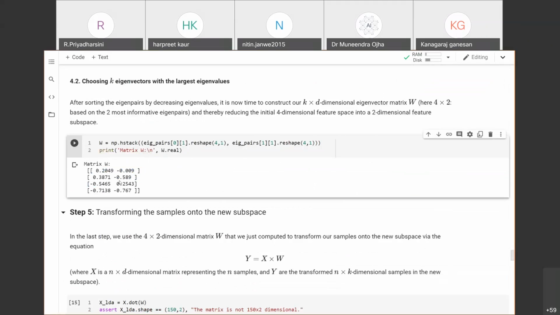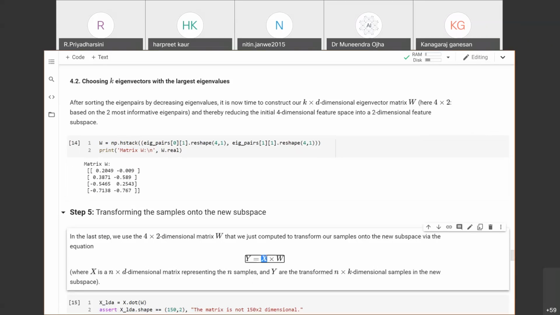Once we have matrix W, we have a new coordinate system, a new axis system, new directions. All I need to do now is to project my original data matrix onto the new two-dimensional space W. As I told you before, for that we need to multiply our original data matrix with the new matrix W, and with this we get a projection of our original data onto the new lower dimensional space, called the Y matrix.